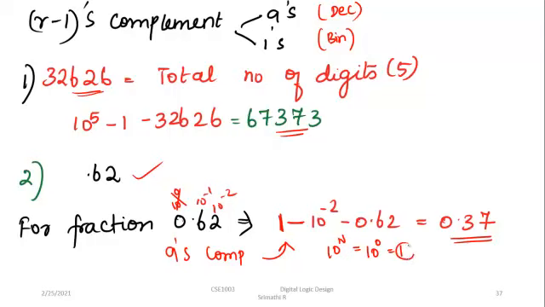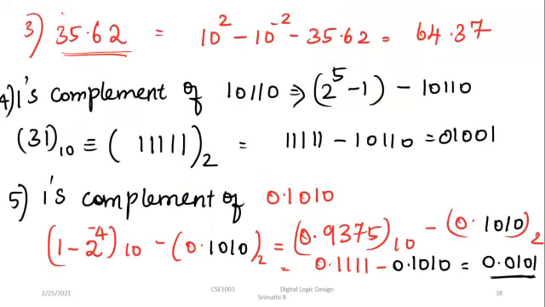That one only I am carrying it here. But here we are having 2 digits, so 10 power n is nothing but 10 power 2. That is what we are carrying here. So 10 power 2 minus 10 power minus 2 minus 35.62 is nothing but 64.37.